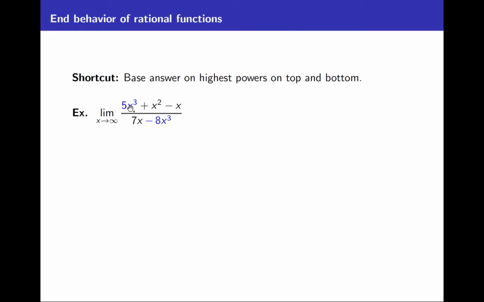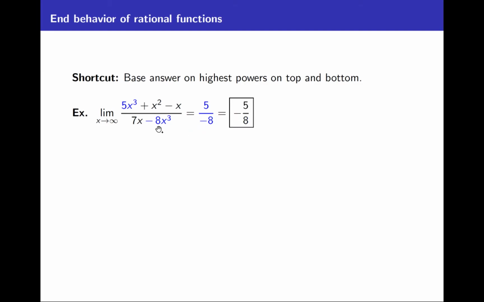And I'll highlight those in blue. If you multiply by 1 over x cubed divided by 1 over x cubed, you're going to get a situation where all these lower powers of x tend to disappear, and the 5x cubed turns into a 5, and the negative 8x cubed turns into a negative 8. And so you're going to get an answer of just 5 over minus 8, or negative 5/8.